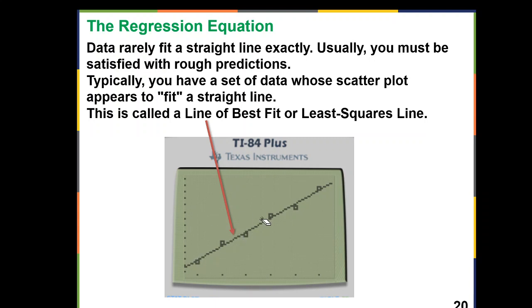So data, usually these points never exactly fall on a straight line. They're all over, right? But we are trying to find a line that goes through these points and is closest to all of them. That becomes tricky to find actually, because you have to minimize the distances of all the points to this line.